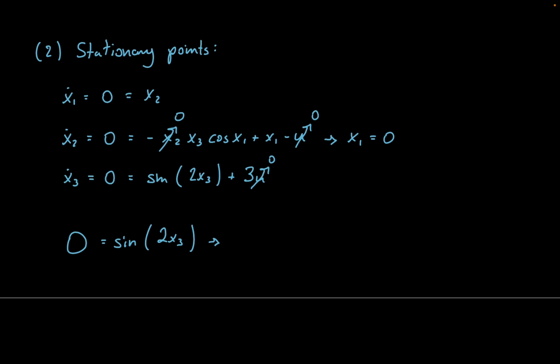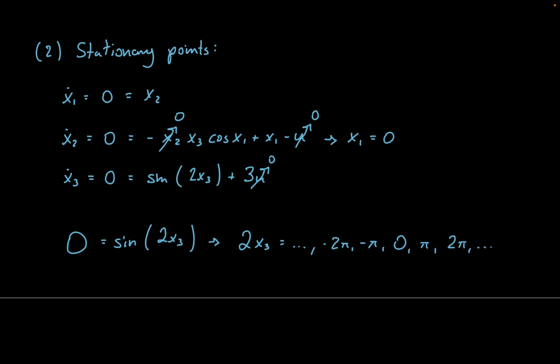And then we'll have that 2x3 is going to be equal to every single theta value that will make sine equal to 0. There are many options for this, so let's just write a few: negative 2 pi, negative pi, 0, pi, 2 pi, and so on.